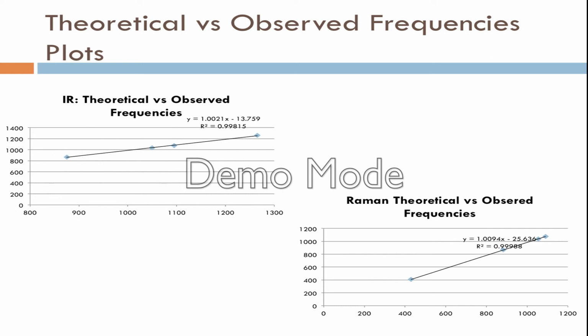We have a slope of 1.00, an intercept of 13.759, and an r-squared of 0.998, which is really good, showing that there's very good correlation between the theoretical and the observed. For Raman, we did the same thing, graphed observed on the x, theoretical on the y. We had a slope of 1.0094, an intercept of 25.636, and an r-squared of 0.99988.